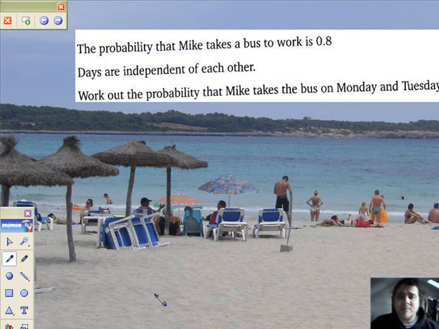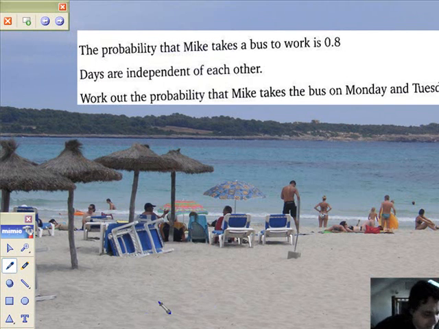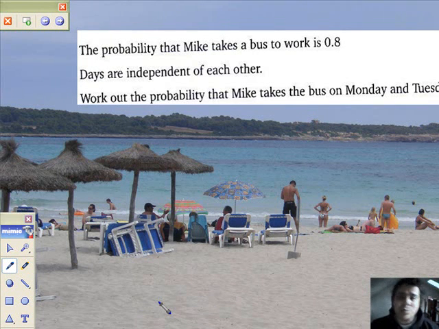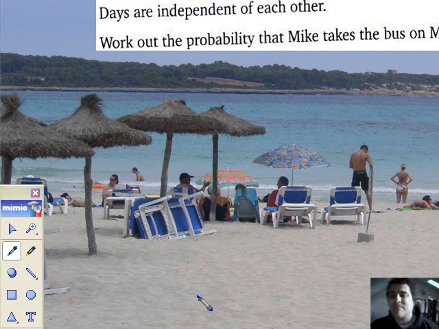Now, the probability that Mike takes a bus, I believe this is question 3 on page 133. The probability that Mike takes a bus to work is 0.8, and the days are independent from each other. So in other words, what he does on Monday or Tuesday or Wednesday won't affect what happens in future days. Totally independent. It says work out the probability that Mike takes the bus on Monday and Tuesday.